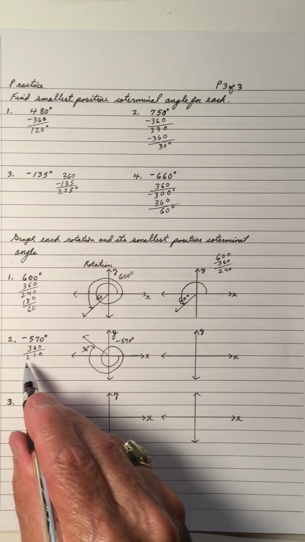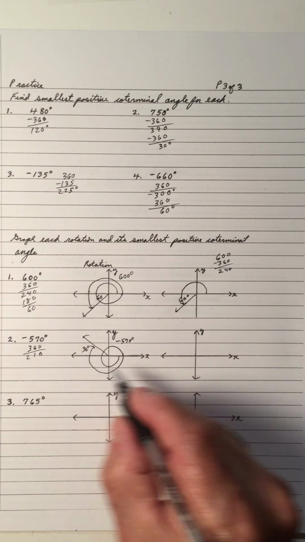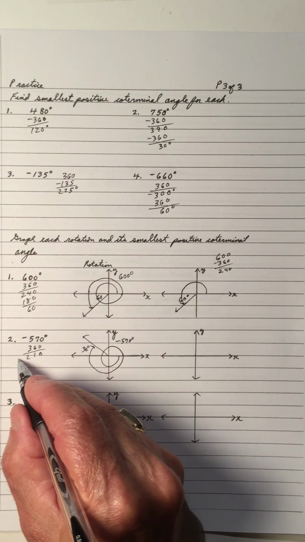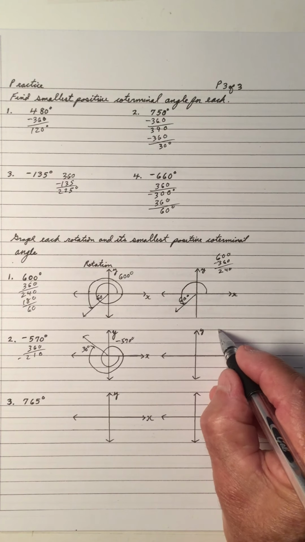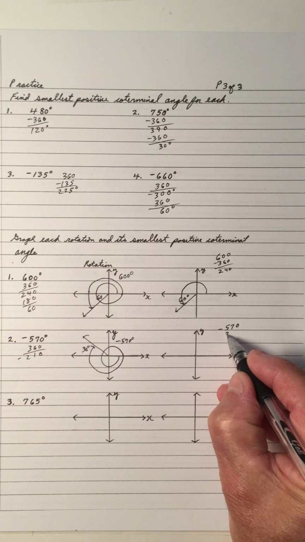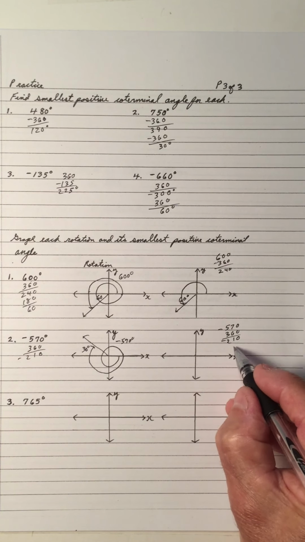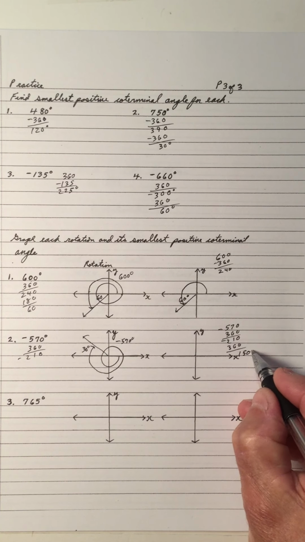But if you graph the smallest positive coterminal angle, if you keep going and keep adding on, so if you take negative 720 and add on 360, you get negative 360. If you add on 360 again, you get a positive 150.